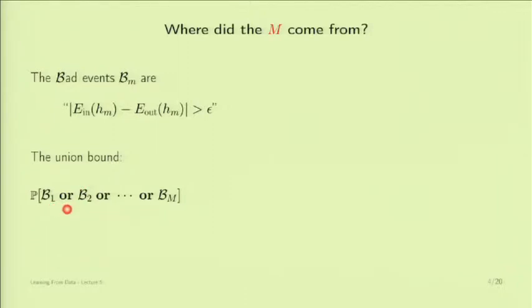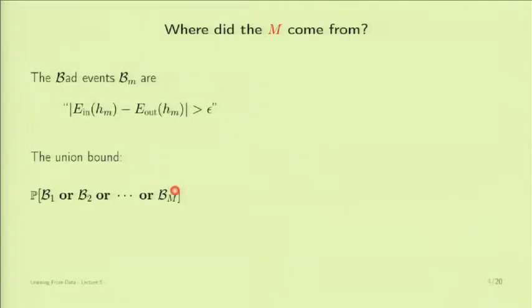And I would like the probability of any of them happening to be small. Why is that? Because your learning algorithm is free to pick whichever hypothesis it wants based on the examples. So if you tell me that the probability of any of the bad events is small, then whichever hypothesis your algorithm picks, they will be okay. And I want that guarantee to be there.